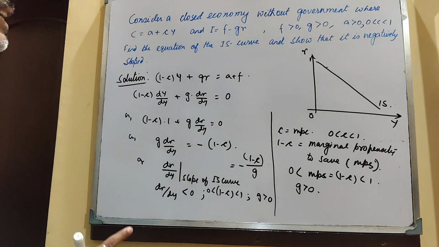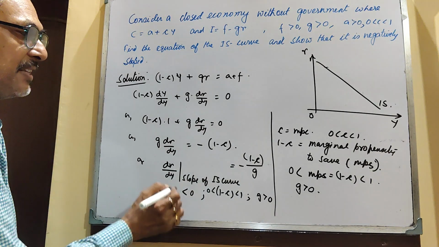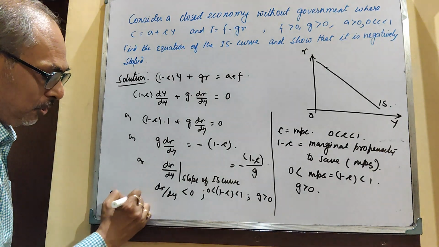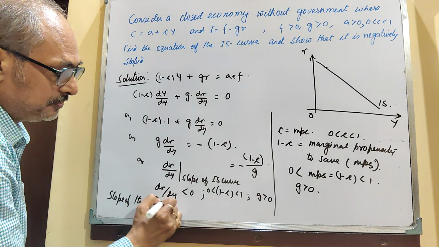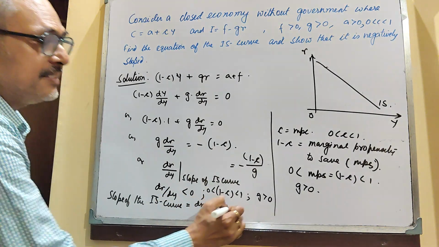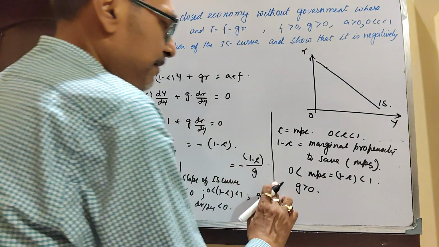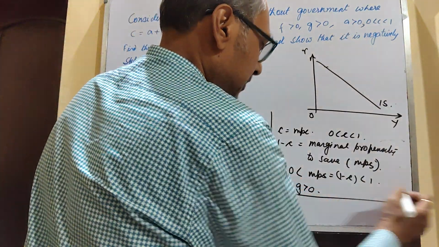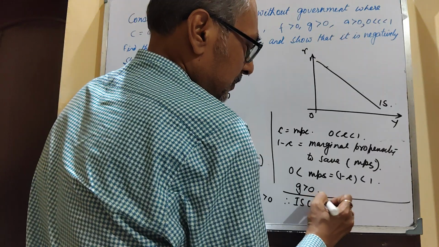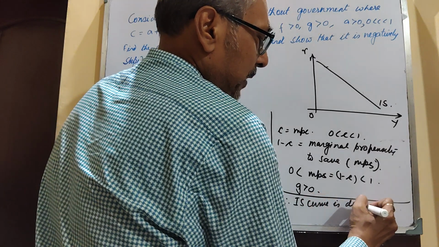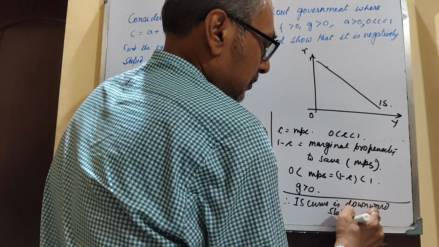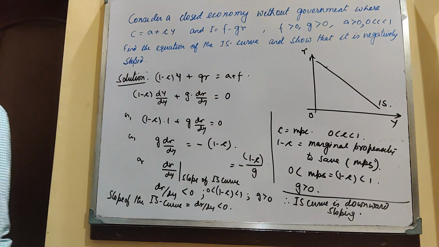The slope of the IS curve, dr dy, is less than 0. Hence the IS curve is downward sloping.